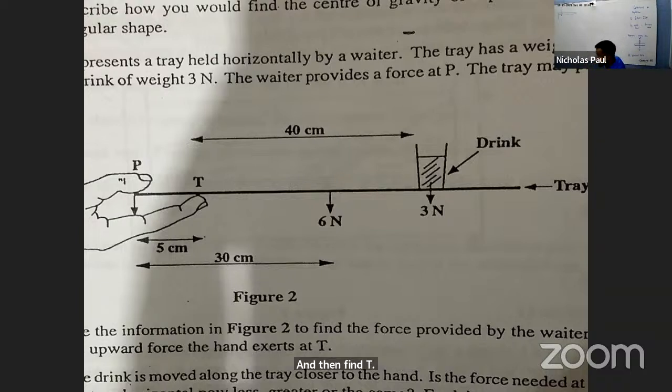Don't jumble up the diagram or think too much. Remember to put in T.